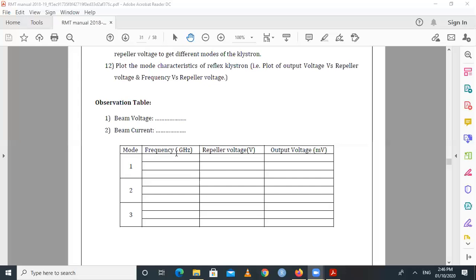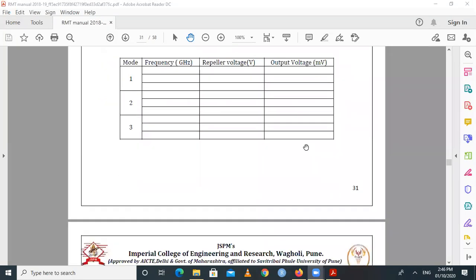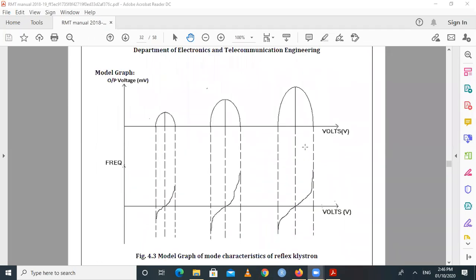Frequency is calculated on the frequency meter, repeller voltage on the Klystron power supply, and output voltage you are getting on CRO. And finally you can plot a graph like this: output voltage in millivolt on CRO versus repeller voltage. Similarly frequency versus repeller voltage.